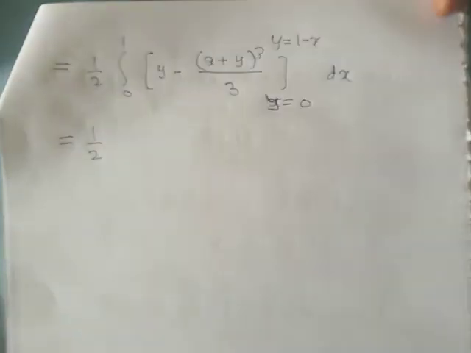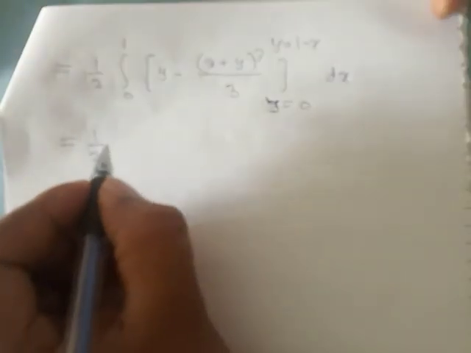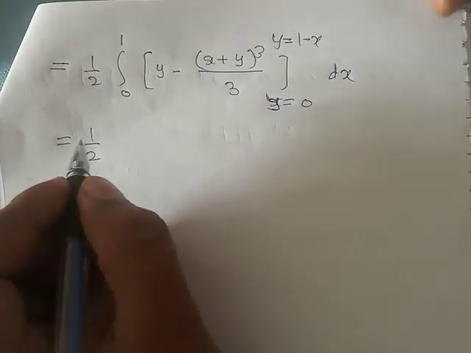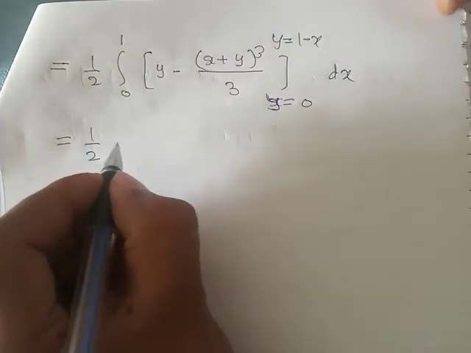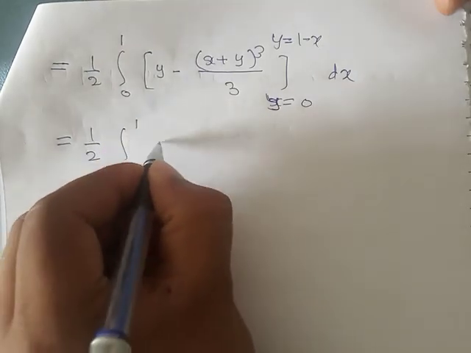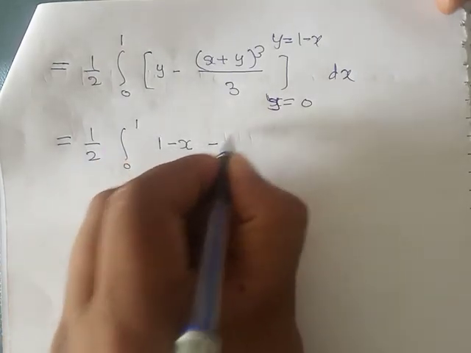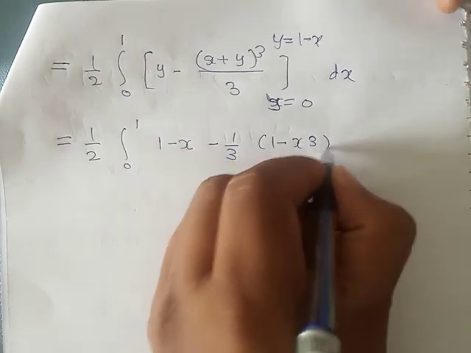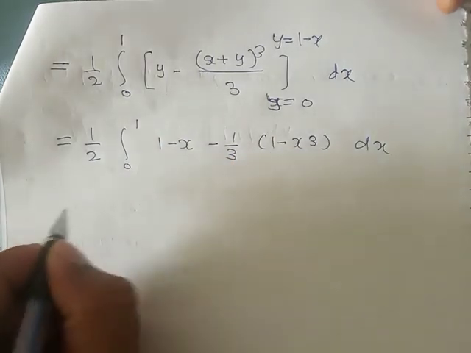This is equal to 1 by 2 integration 0 to 1 of 1 minus x minus 1 by 3 (1 minus x) cube dx.